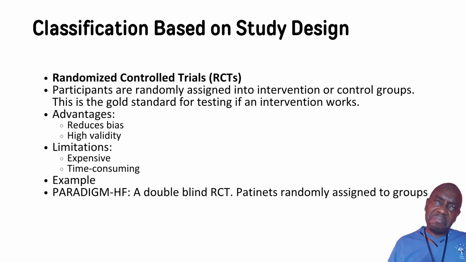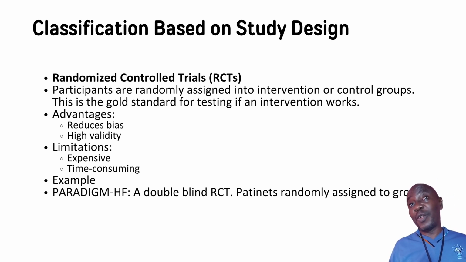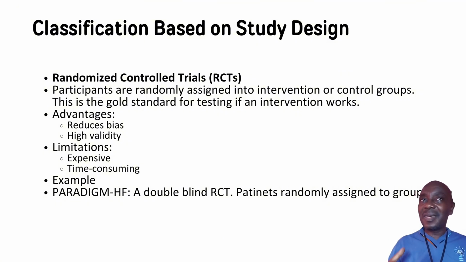Why we do a lot of randomized clinical trials is because it eliminates and minimizes bias, and the validity is very high because the persons who are brought into the work are not taken arbitrarily.